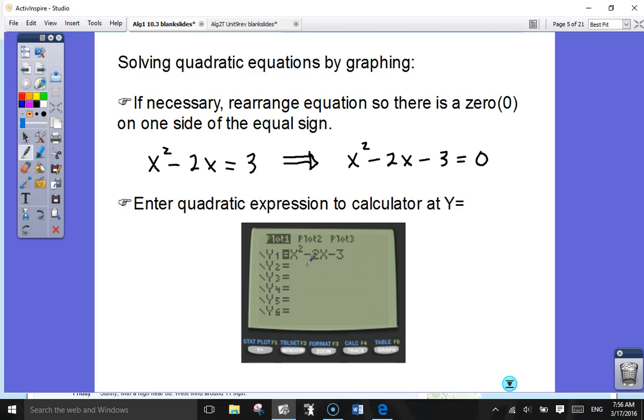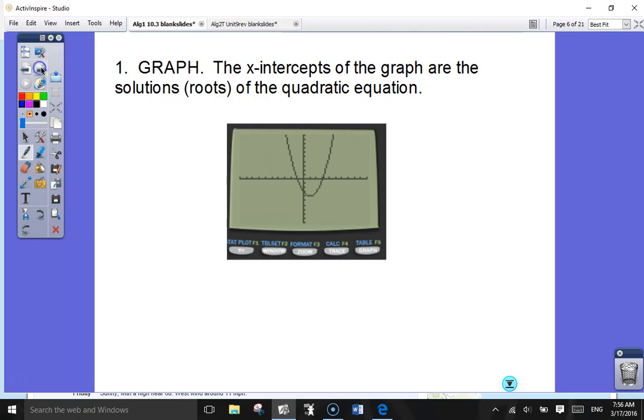Done? Okay, so you get it at that point. Then you hit graph. And you should see a parabola. That's what we expect a quadratic function to look like. So there it is.